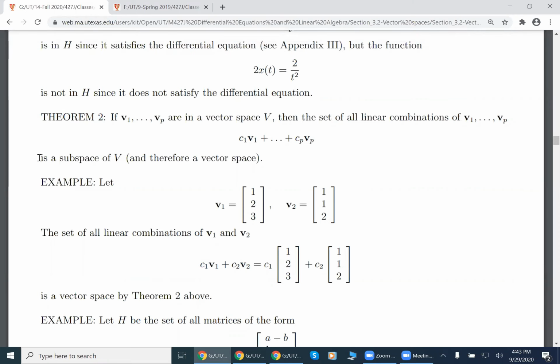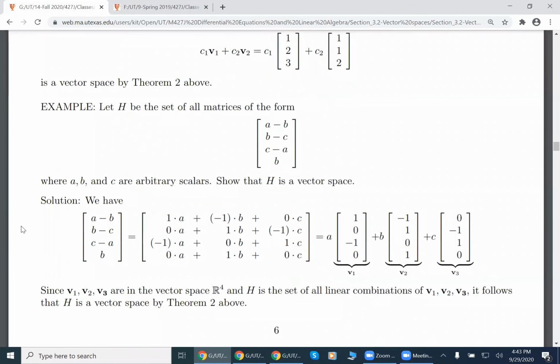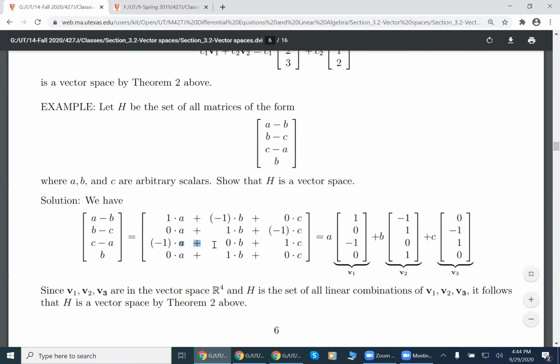Other questions? In the last example, where are you getting your zeros and ones and negative ones to multiply by, like the V1, V2, V3? Well, just take a look at these explanations. Note that A minus B can be rewritten as 1 times A plus negative 1 times B plus 0 times C. Agree? Yes. Similarly here, here, and here.